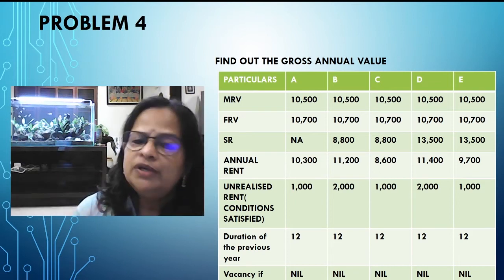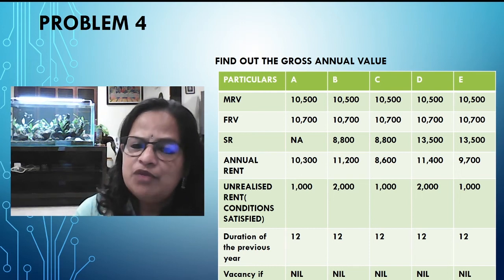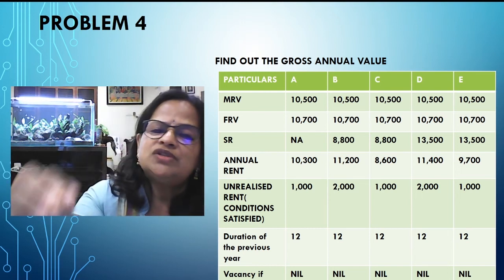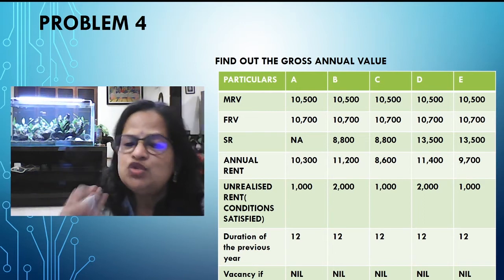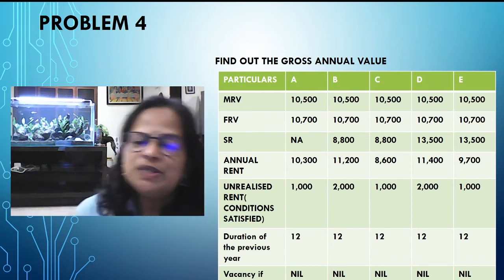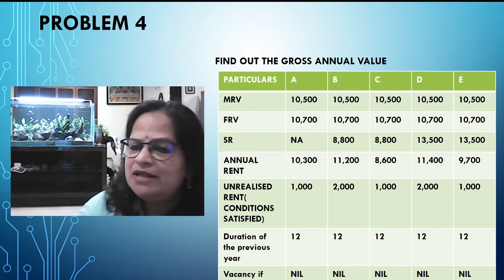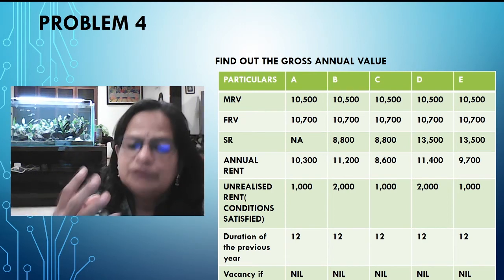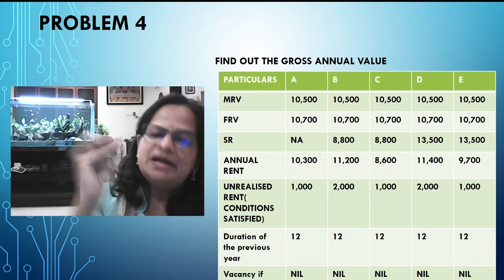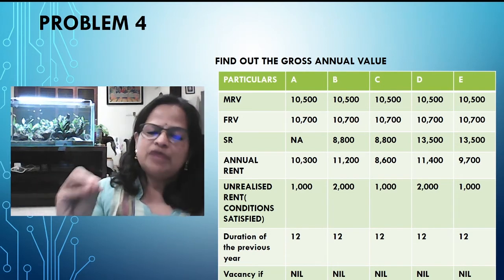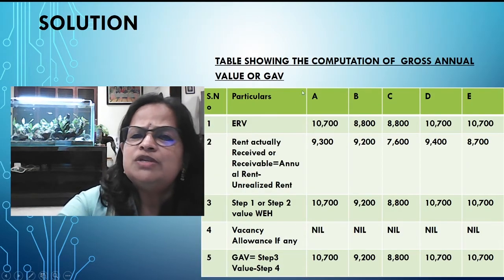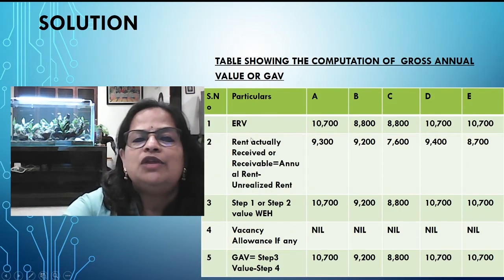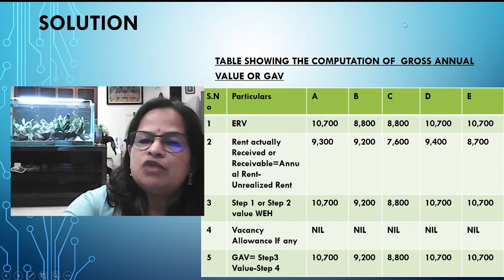So he can deduct it from the annual rent. In this case, 10,300 minus 1,000 you can reduce. Then only you will get the actual rent received, because the landlord has not received 1,000 rupees. Similarly in other situations also. So here you have to remember that unrealized rent and vacancy we have to adjust to get the gross annual value.